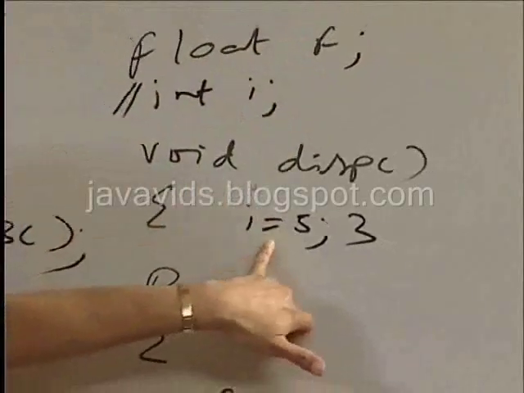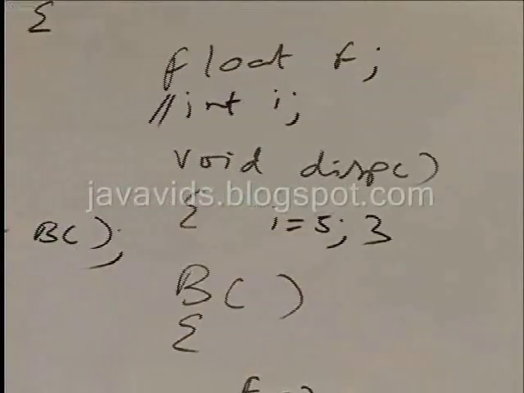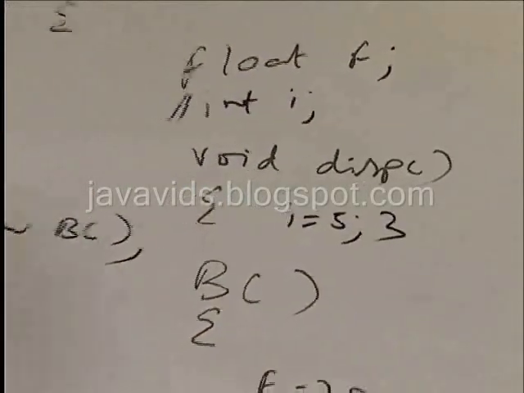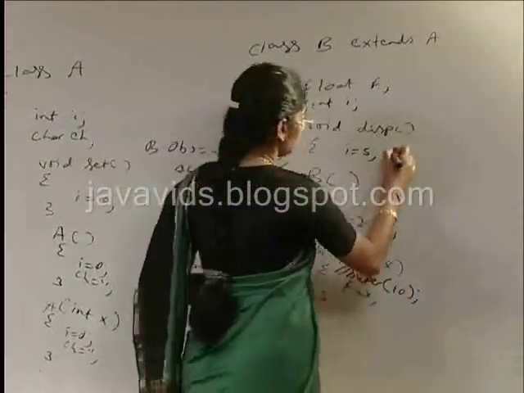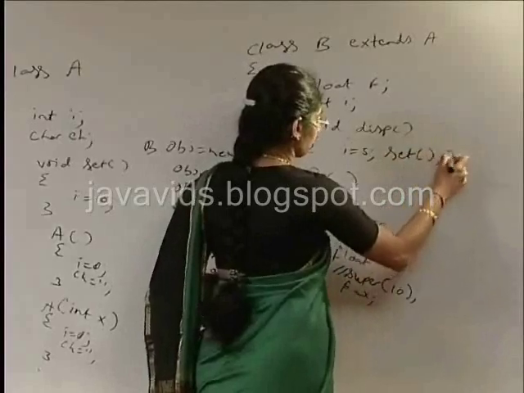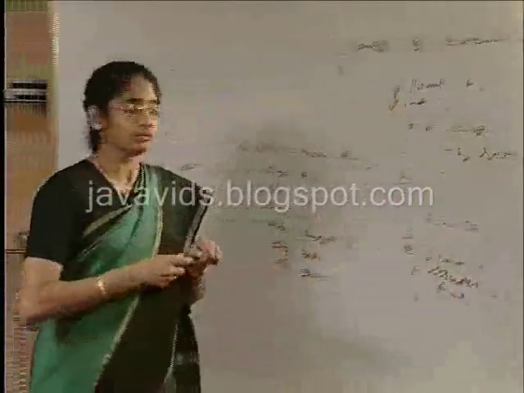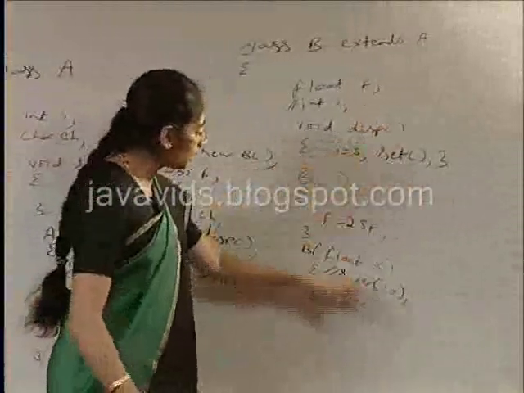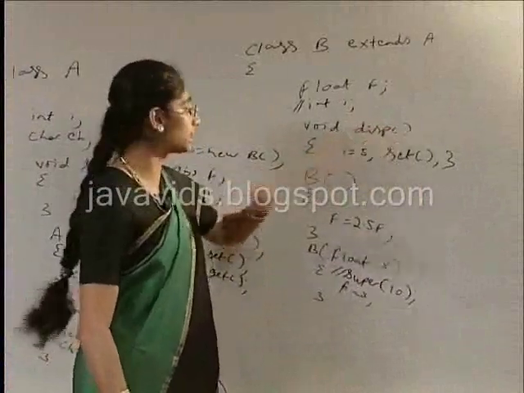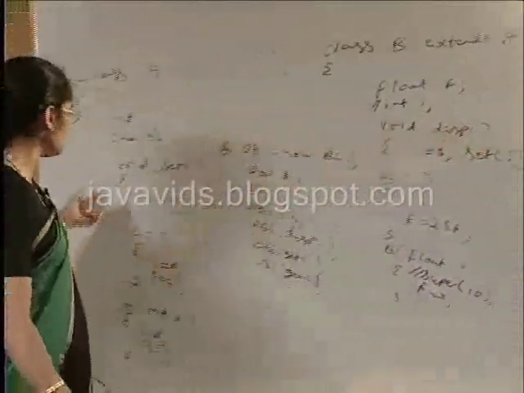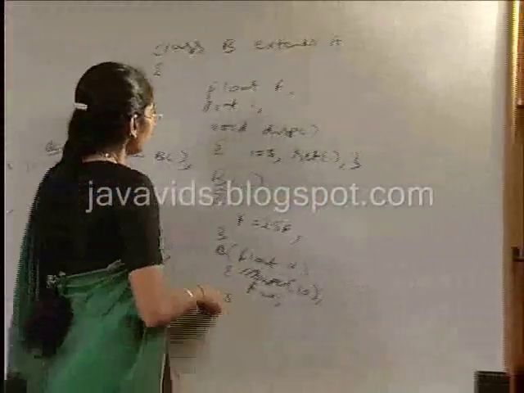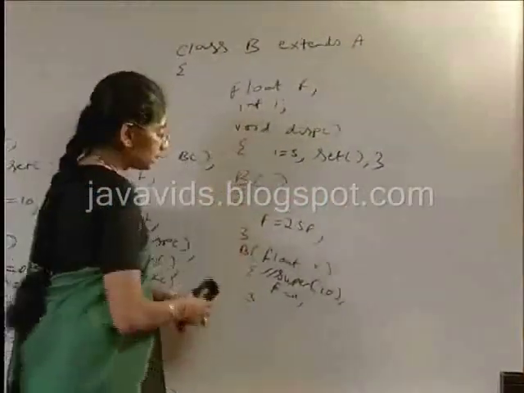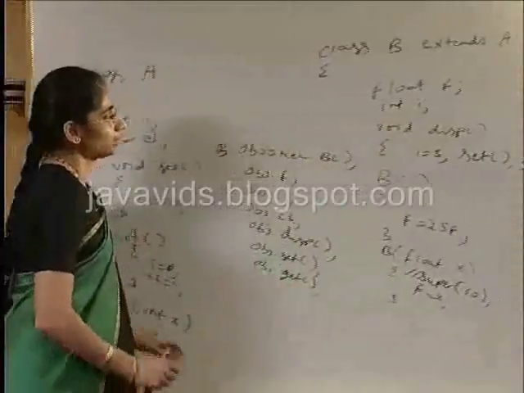So the I that we are talking about here comes from the parent class. Or if we were to invoke the set method here, which set method are we talking about? Since we don't have any set method in the child class, we are talking about the set method of the parent, right? So now let's come back to defining int I in the child class.